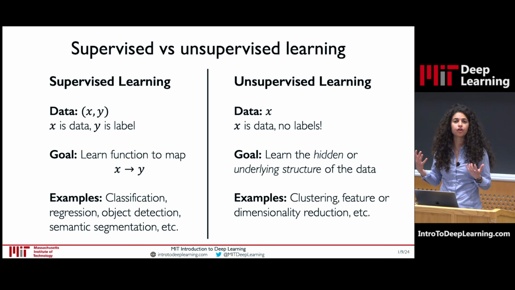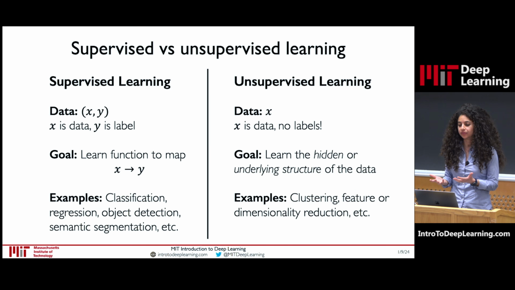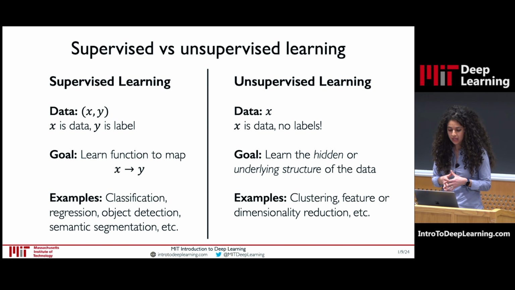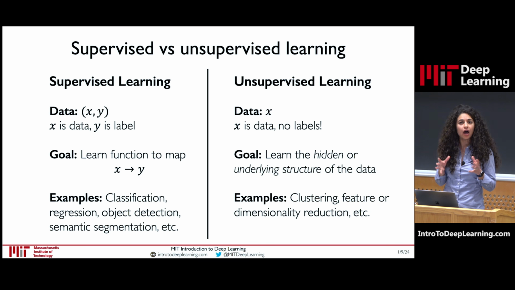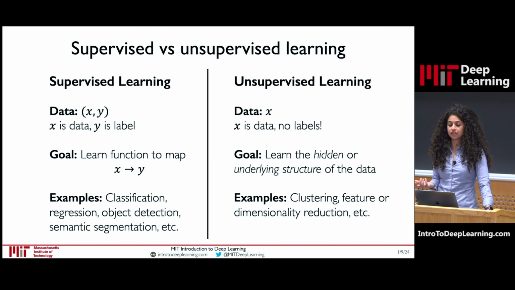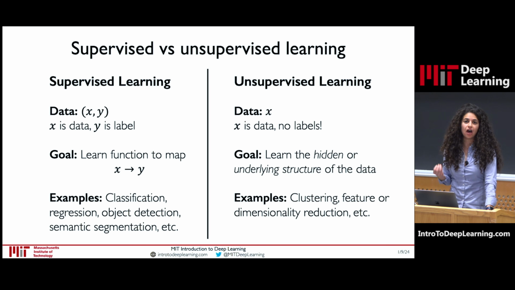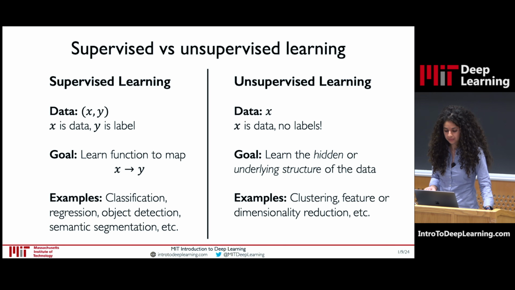Now, there's another whole class of problems in machine learning called unsupervised learning problems, and that's going to be our focus in this lecture today. The concept is that with unsupervised learning, our goal is not necessarily to learn a mapping from input X to output Y, but to look at X on its own and try to learn patterns and features that define that data distribution, learning the underlying and hidden structure of the data.